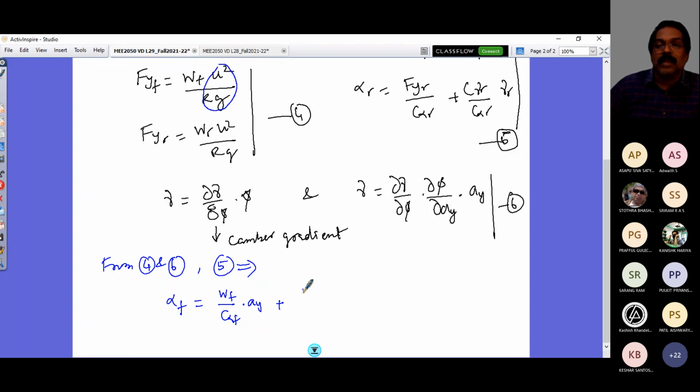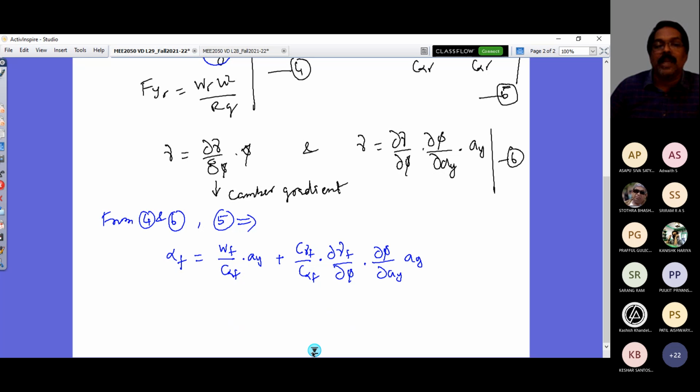So plus C gamma f by C alpha f, and I have to substitute for gamma f, and gamma f I'm putting in this term. So that's going to be dou gamma f by dou phi into dou phi by dou ay into ay.